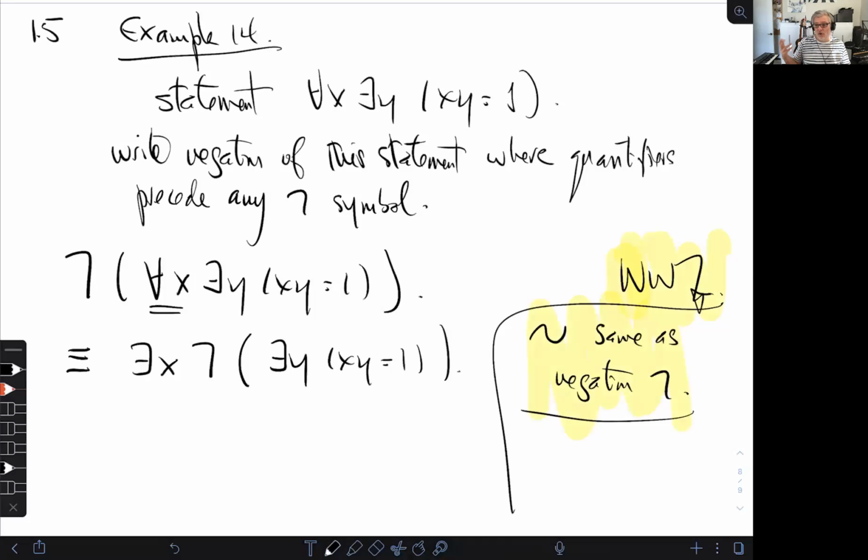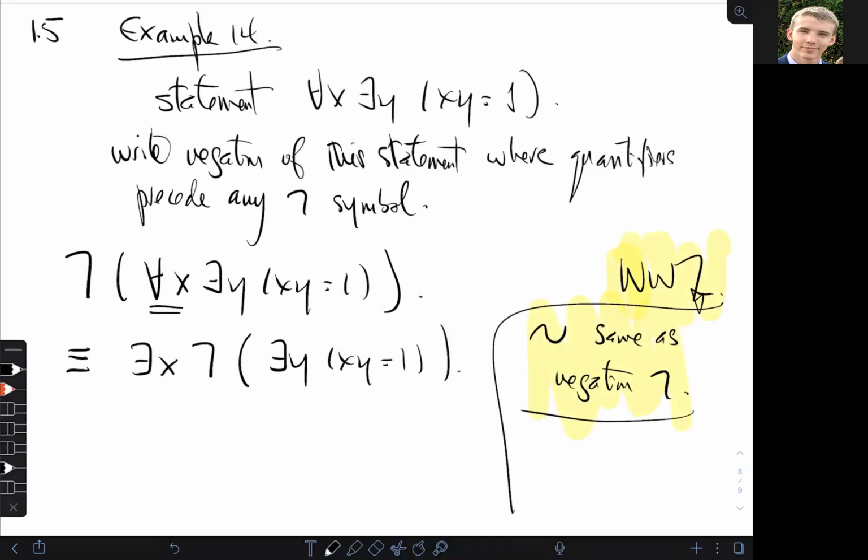It's not that no tree is a maple tree. It means there's at least one tree which is not a maple tree, because my claim is that every possible tree is a maple tree. So that not being true means there's at least one tree which is not a maple tree, rather than there being no maple trees.